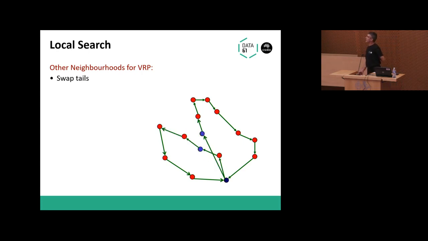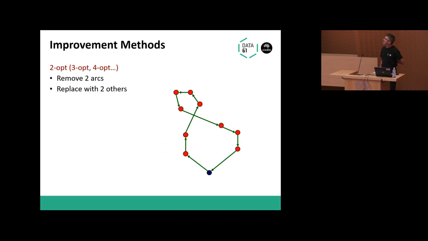Okay, I can swap tails, which is where I choose 2 visits and swap everything after them. And then there's a very powerful operator called the 2-opt operator, which comes from TSP research, where you choose 2 arcs to delete, replace them with the uncrossed arcs, and then reverse the direction of the middle section.